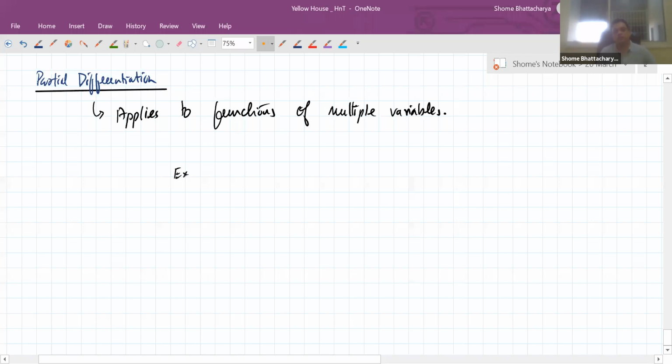For example, suppose we have a function that theta is equal to x square plus 2xy. So we can see that theta is a function of x and y. Okay. So then d theta by dx does not exist.